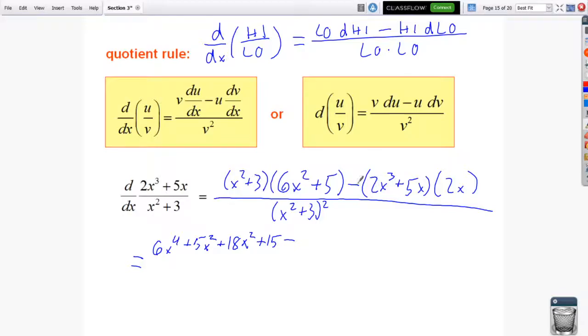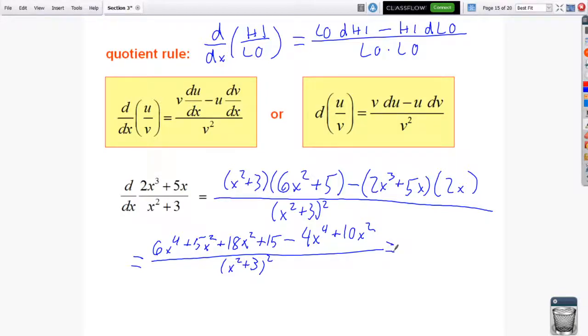Minus, now here, keep in mind we have to distribute the minus, the 2x, so it would be minus 4x to the fourth. I realized that weird noise made no sense for you guys, but I had to lean over backwards so that I wasn't blocking my projector so I could see it. Plus 10x squared, all over, and I'm just going to give you guys a nice clue for later in this course: never expand the denominator. Just always leave the denominator as whatever the original denominator was, squared.